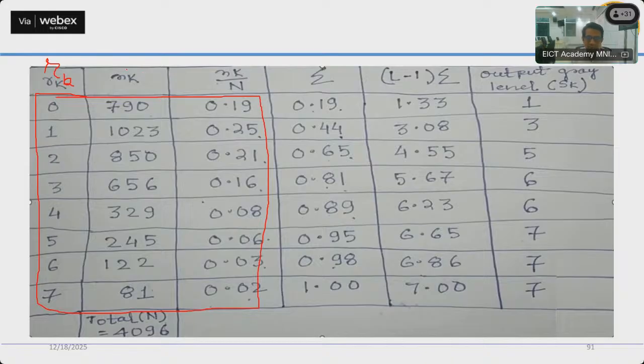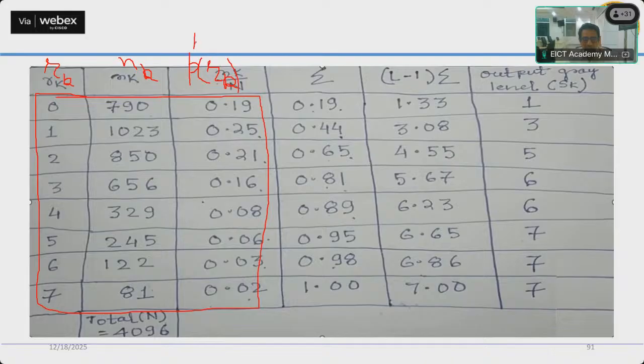This is R of K. This is N of K. Right? R of K, this is N of K. And what we want, what is this one? This is P R of K. Right? We want to find out the value P S of K.